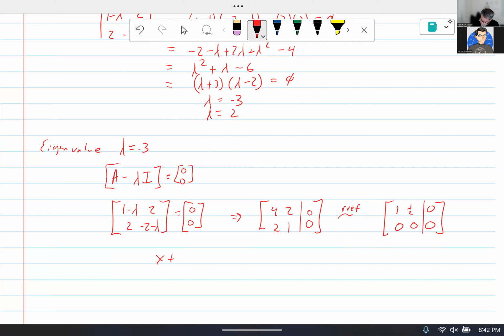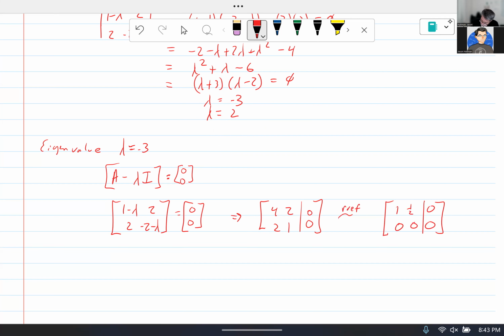I'll just call this x and y, because they don't necessarily refer back to x1 and x2. You can come up with some other variable if you want. Maybe I'll call it a and b. Because I just want to find my eigenvector.